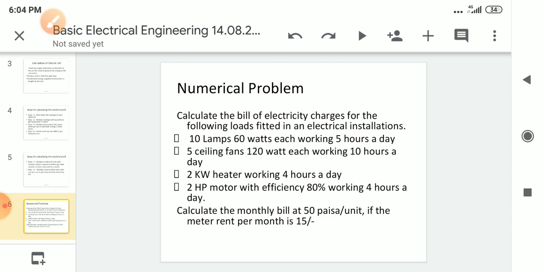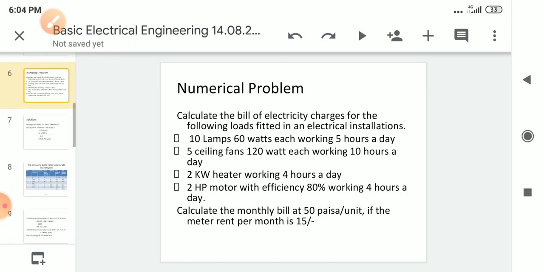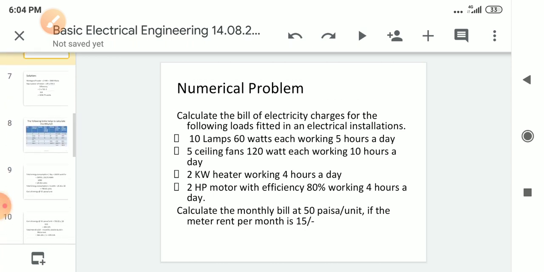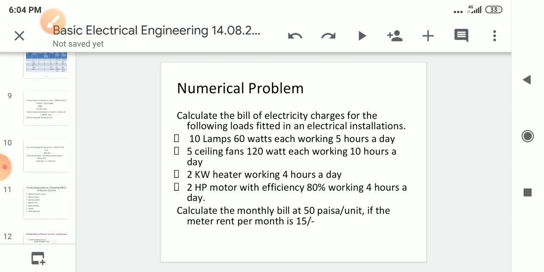Calculate the monthly bill at 50 paisa per unit if the meter rent per month is 15 rupees. Right?